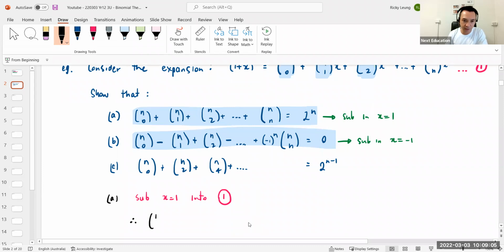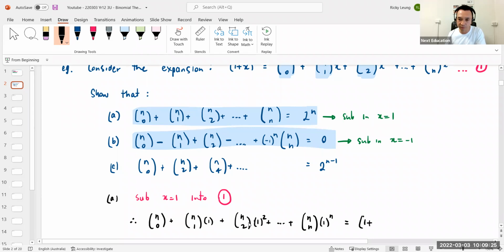Now always show your teacher the substitution, because otherwise you just get to the answer quite immediately. So sub 1 in: nC0 plus nC1 plus nC2 1² plus all the way to nCn 1^n. And if I sub 1 into the (1 + x)^n as well, that's how they get the 2^n.